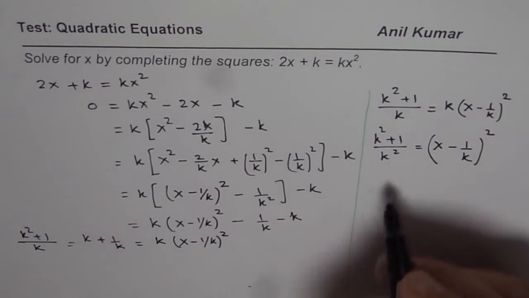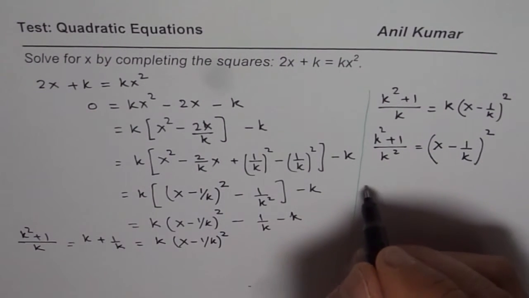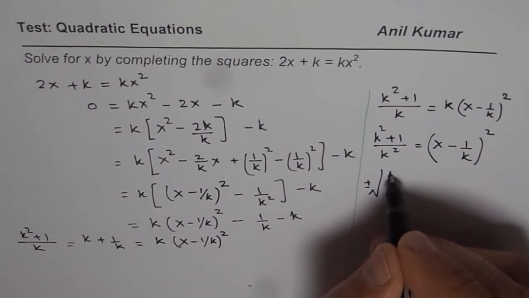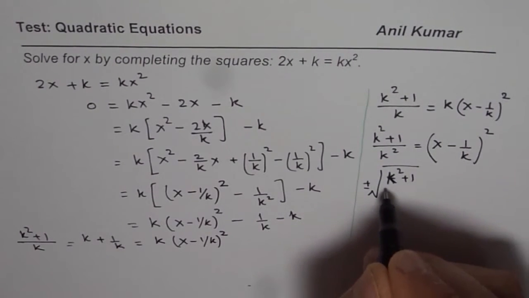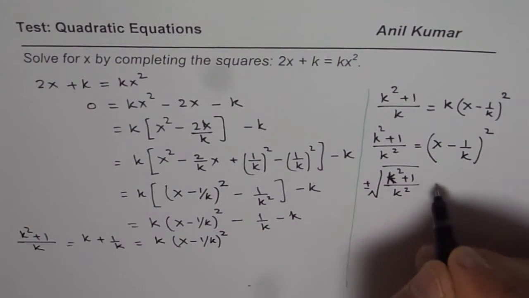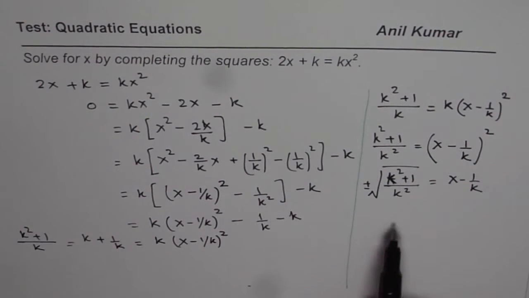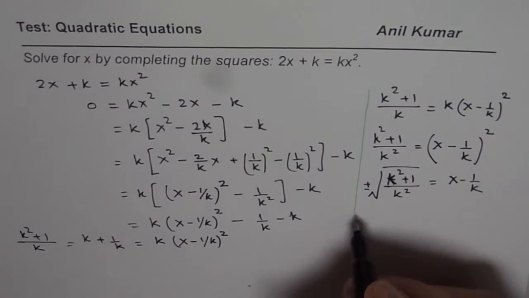So if I take the square root of this, what do I get? I get plus minus square root of k squared plus 1 divided by k squared equals x minus 1 over k. Now we can find what x is, bringing 1 over k to the left side.